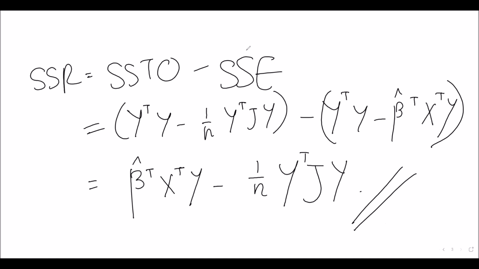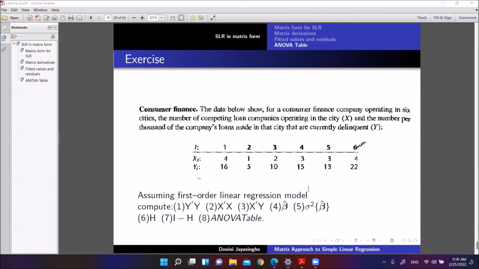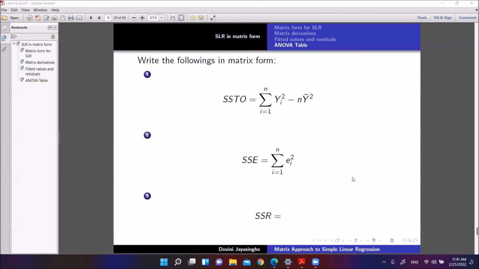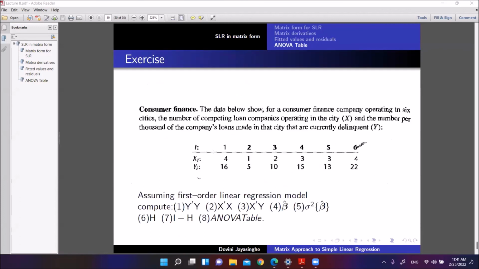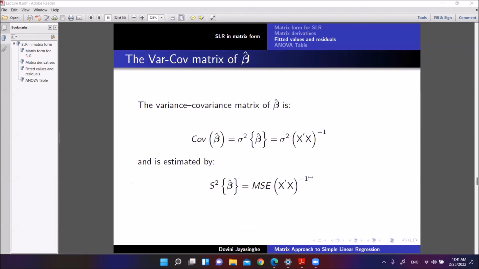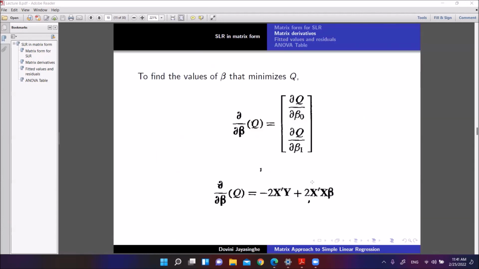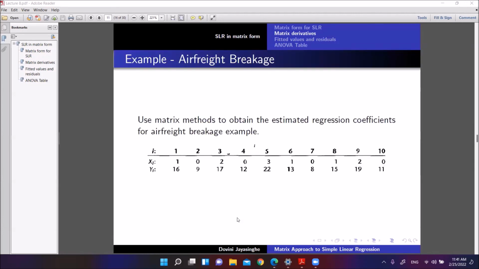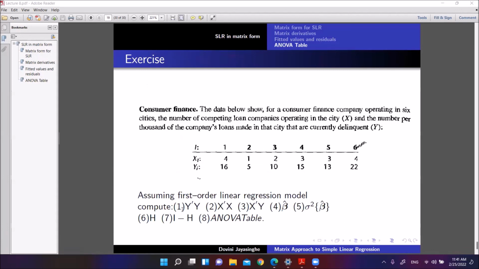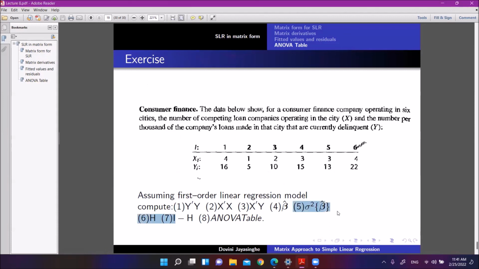Before ending, there is one more activity you can do. So we were here. This activity is just for you all to practice things. Now you know how to derive things when you are given a data set. We practiced that by using an upright breakage example. This one, same thing that I worked with you all. So you can try to compute this one likewise.